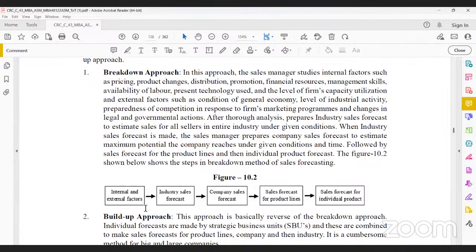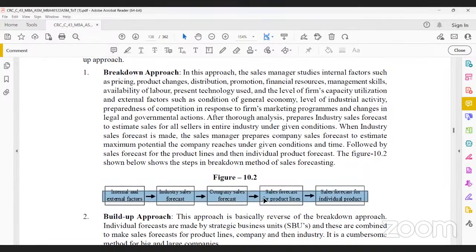So for the industry, sometimes some industries are emerging, and sometimes an industry may not be doing well. Then comes the company sales forecast. So this is the industry; now a particular firm. We talked about the paint industry, now we talk about Asian Paints or Berger Paints, estimating the sales forecast per product line.